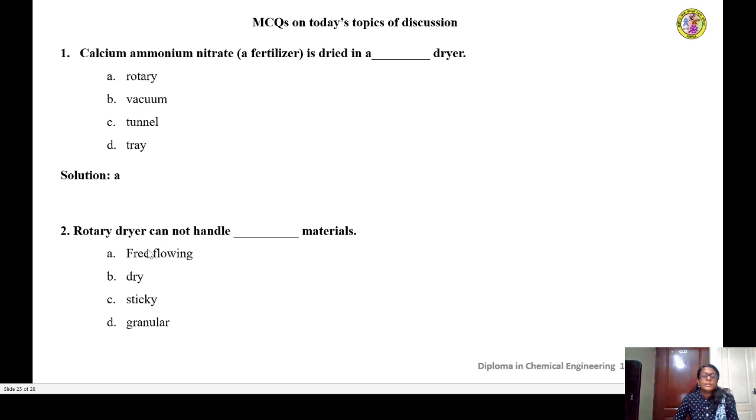Since a rotary dryer is meant for granular materials, the last option is the incorrect answer. Also, it can handle free flowing dry material easily. So the answer for the question is option C, the sticky material.